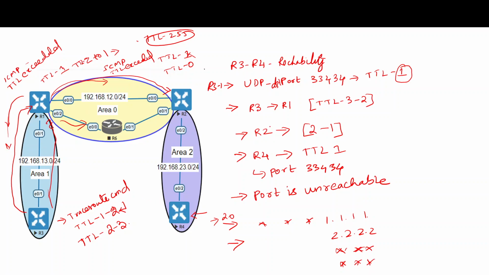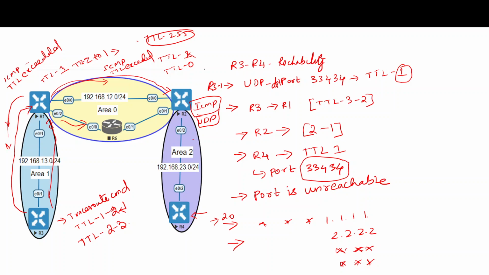The reason why this star is coming is maybe in any intermediate router, there may be ICMP blocked, right? They will have some firewall filter where ICMP is blocked, or they have blocked UDP, or they are not recognizing this port as a normal port they can reply to, so they will block this port.